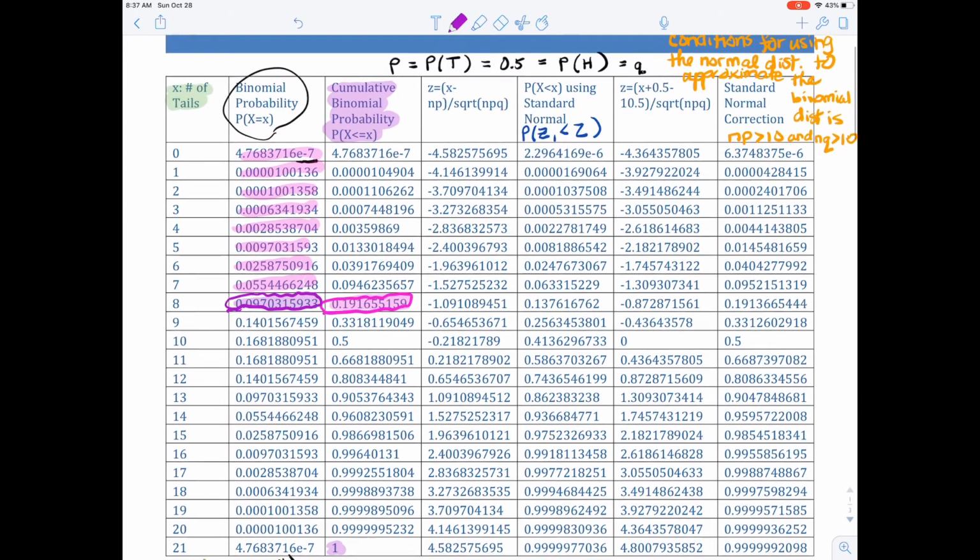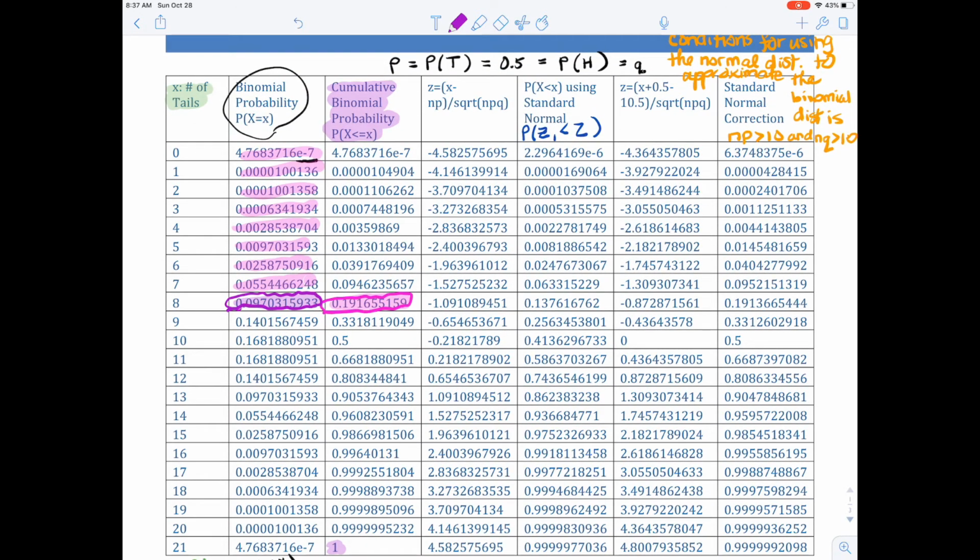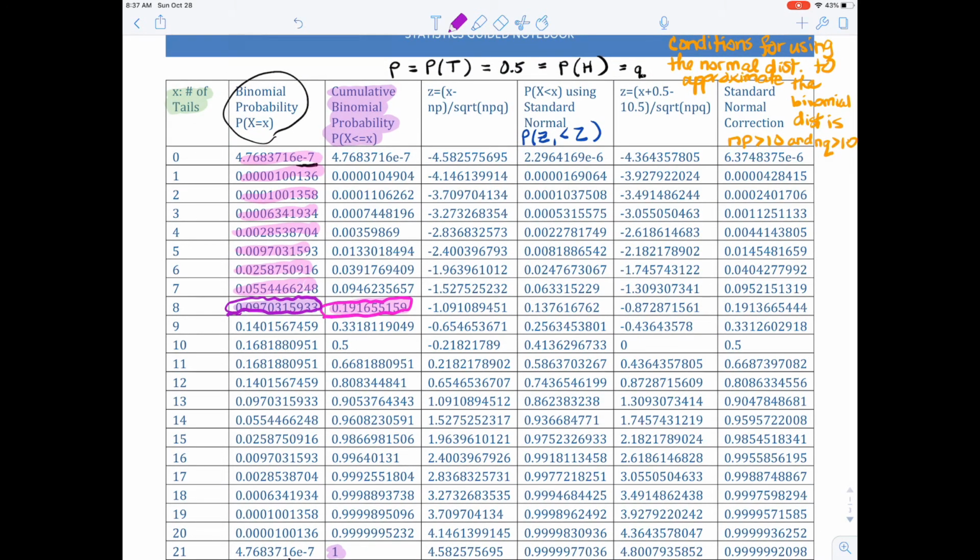Actually, let's check out our standard normal stuff. With this one, we just found the probability that x is less than or equal to 8 successes, right? But do you see, if you go over here, I did all of the work for us.